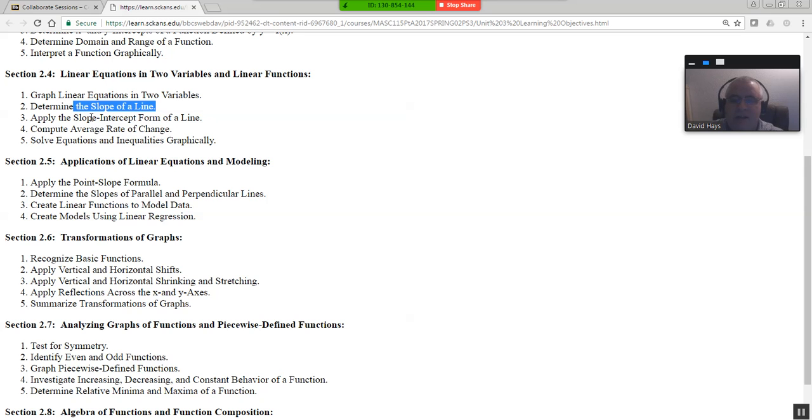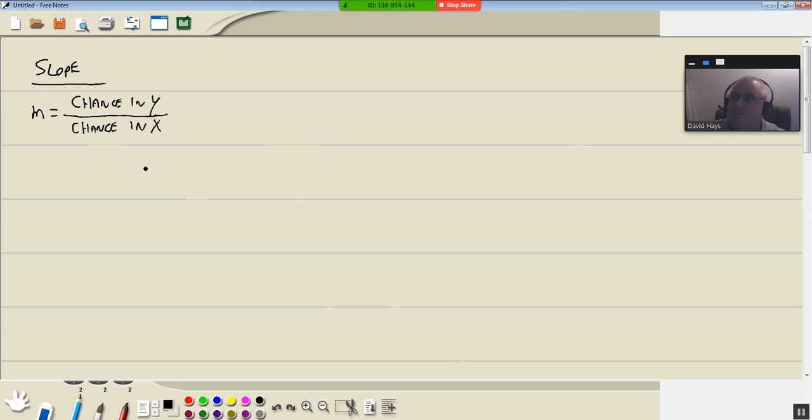Now this applies the slope-intercept formula and computes average rate of change. Well, this is where you can replace x and y with anything. Miles per gallon. Change in miles over change in gallons. Change in profit over change in time. So you can put anything in here to find the average rate of change.